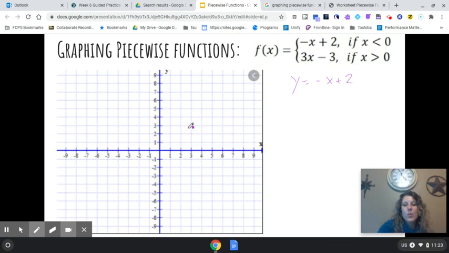We're going to have a y-intercept at positive 2. Since our slope is negative 1, I'm going to move down 1 and right 1. I'm going to put a couple extra points on here, so hopefully I can make a straight line.